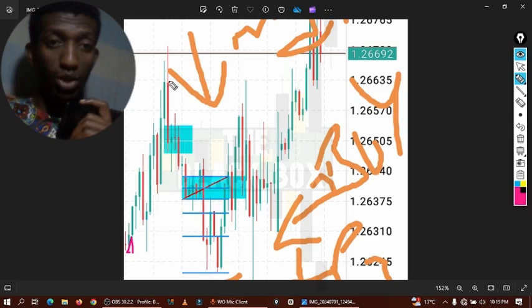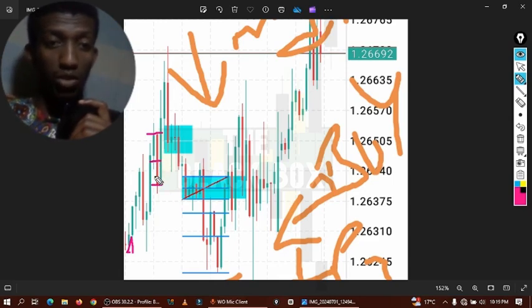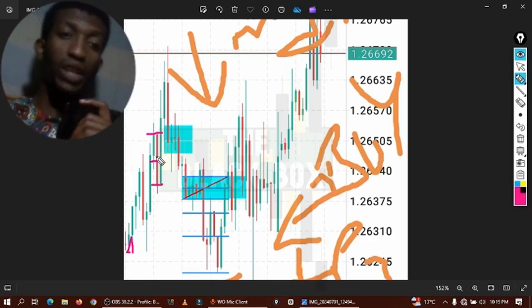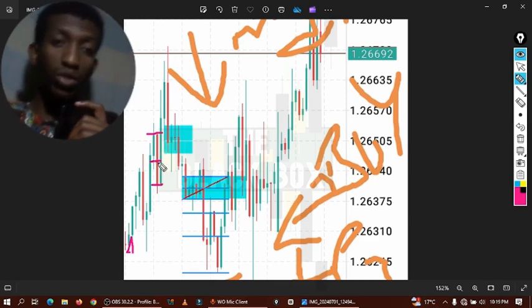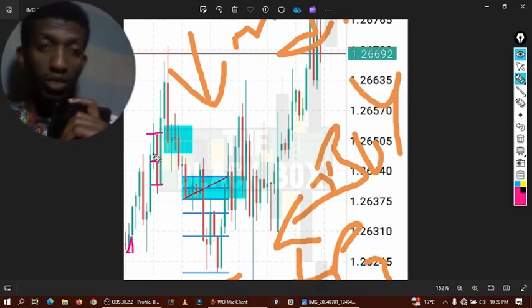When we go up, we got one here, because it traded down to even the 50%, which is halfway of this candle, but it traded below. Wow, that's beautiful. If it was only halfway, then I do not consider this one a black box.